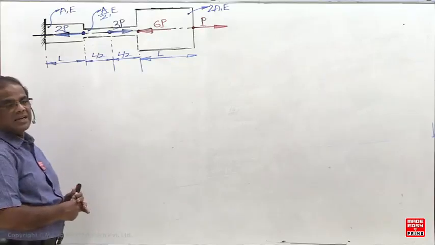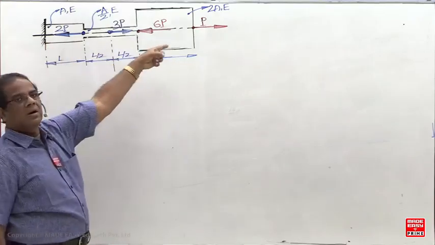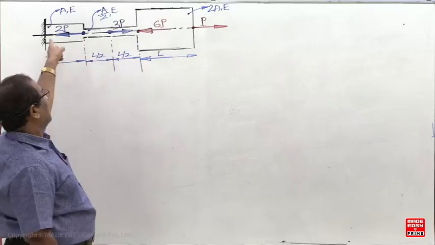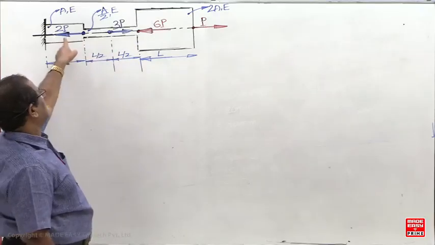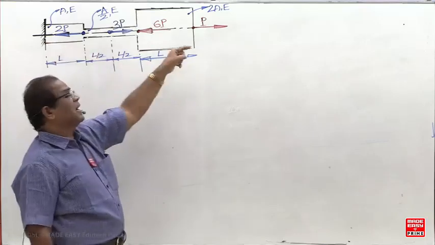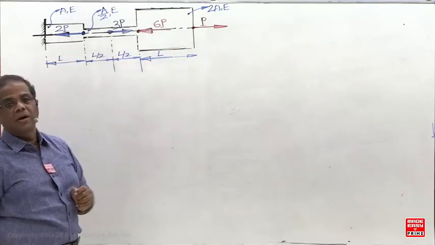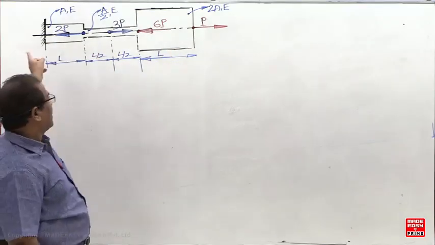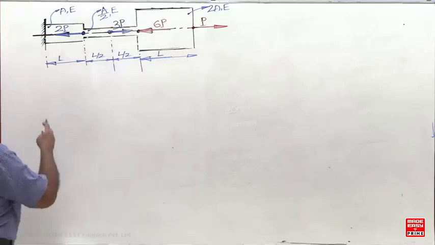Only the horizontal reaction remains. What is the net axial load? What is the sum of all these loads? Towards the right side, 8P; towards the left side, 8P; and towards the right side, 4P. The net load is 4P towards the left side, so the reaction should be towards the right side.